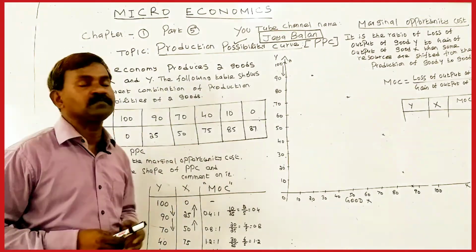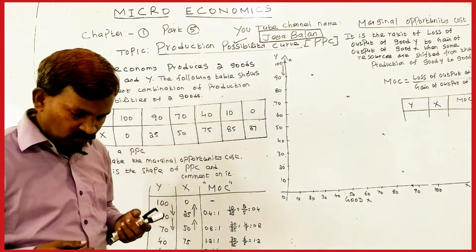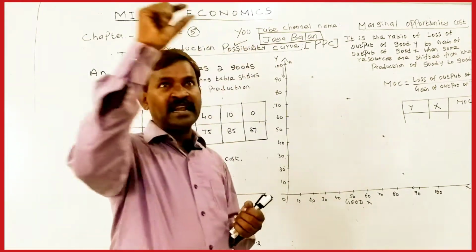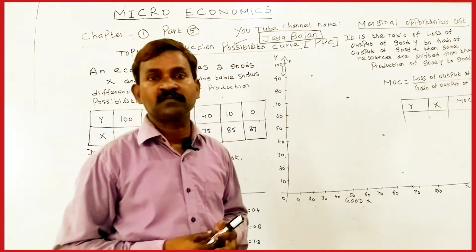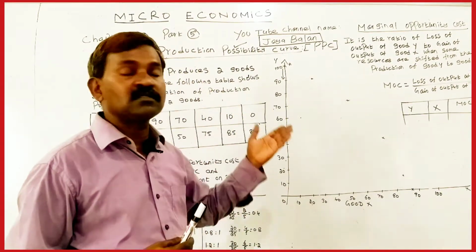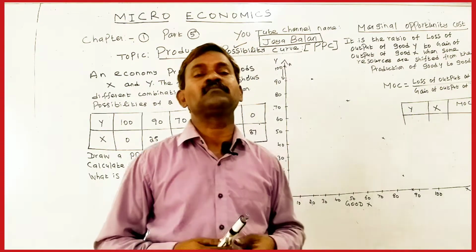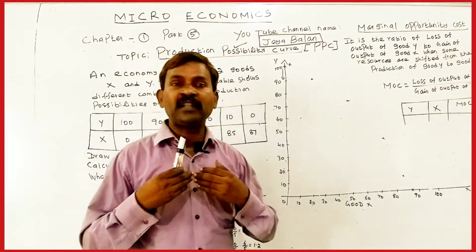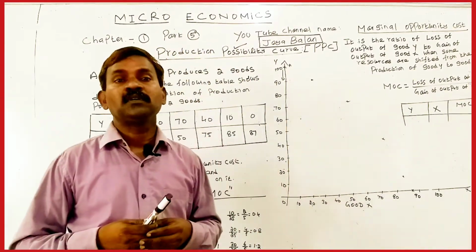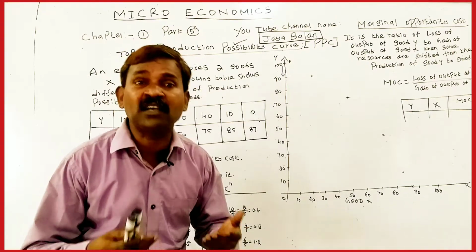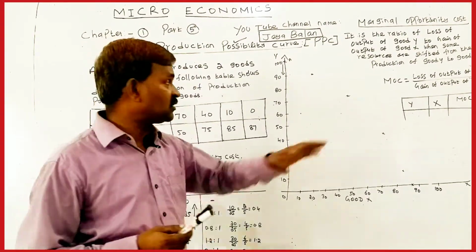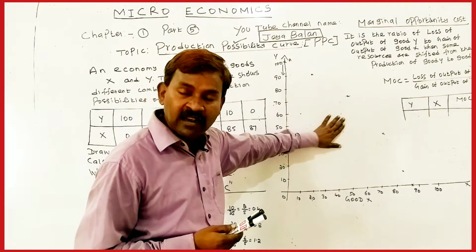This is the question. First of all, you should write down the heading marginal opportunity cost. You have to first write down the meaning, then the formula, then explain the concept marginal opportunity cost in the form of a diagram.